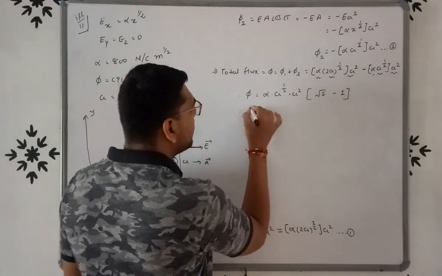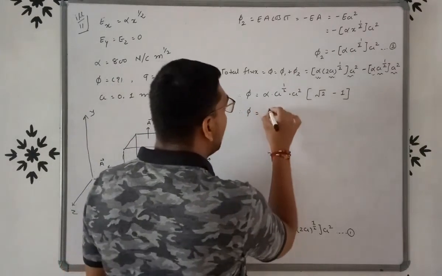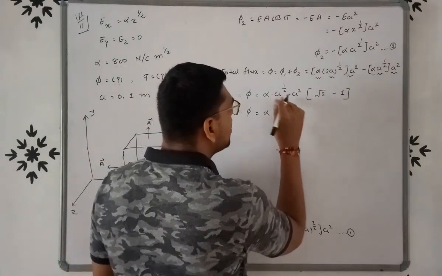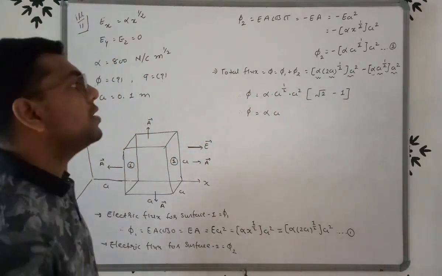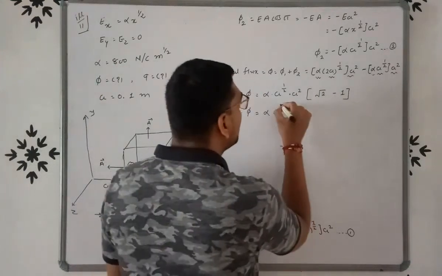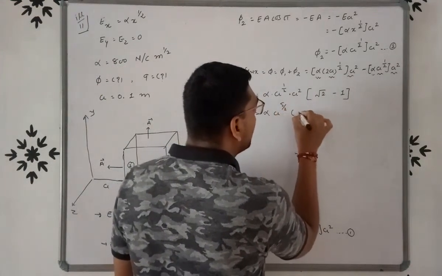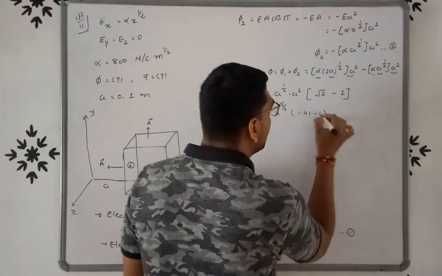So flux phi is equal to alpha A raised to 1 by 2 into A square times (2 raised to 1 by 2 minus 1), which gives alpha A raised to 5 by 2 into (root 2 is 1.41, minus 1).